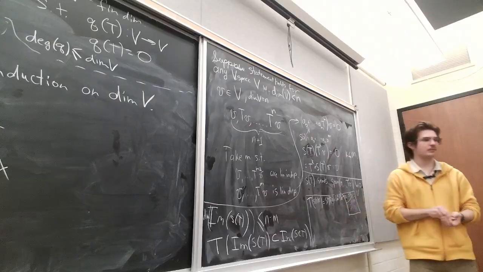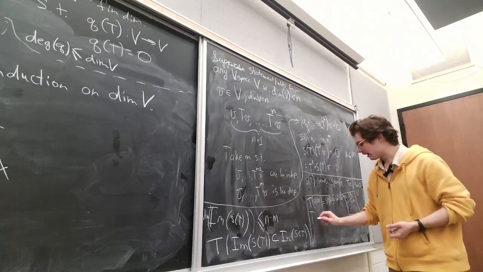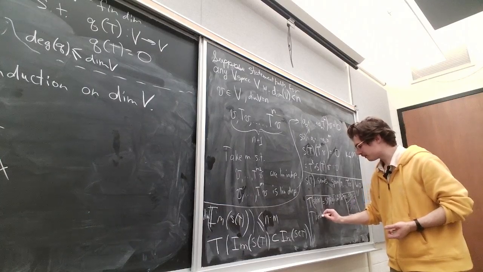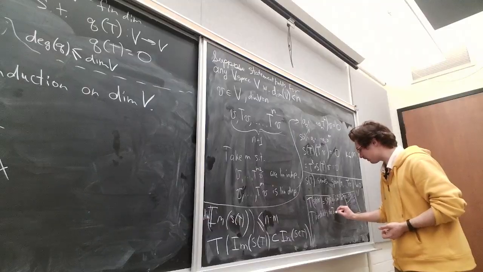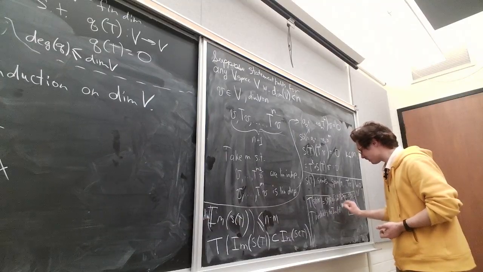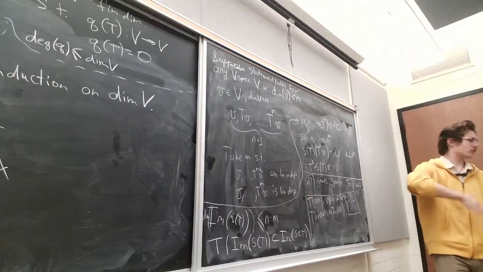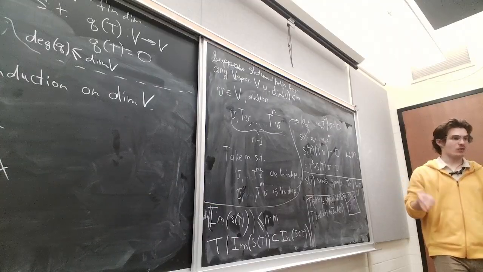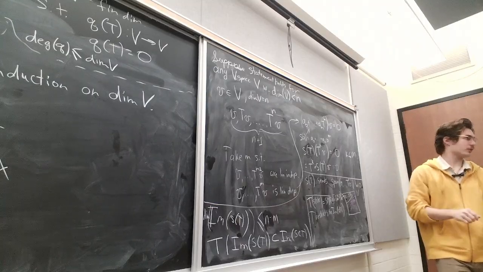Do you agree? So now I know that T restricts to the image of S of T, and so T is a well-defined operator on some smaller space. Now I can use the induction hypothesis.